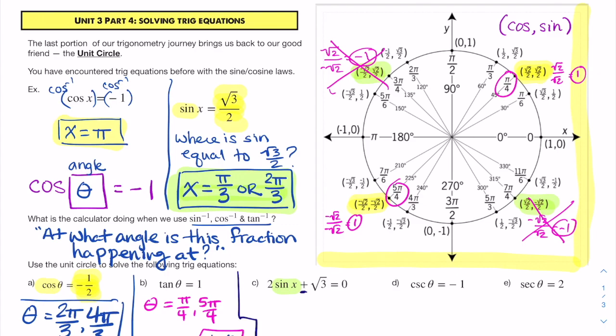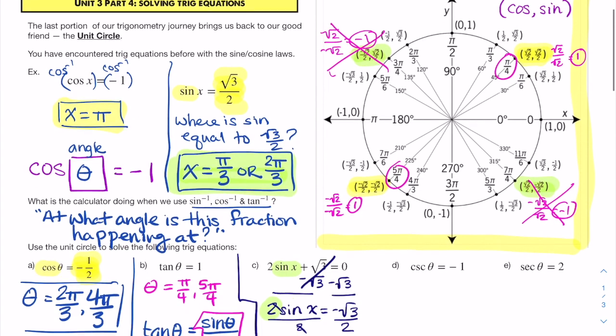So the inverse of doing plus radical 3 would be minus radical 3. That goes away. So this is 2 sine x equals negative radical 3. Now we got to get rid of this 2, right? So how do we get rid of multiplying by 2? Divide by 2.